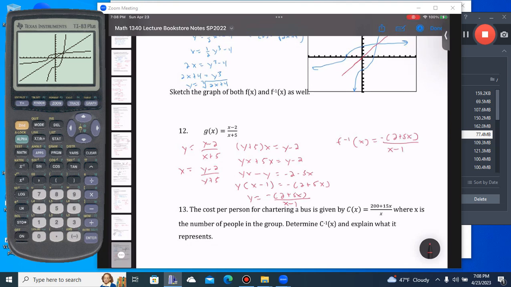So we can graph this. First I'm going to graph x minus 2 divided by x plus 5.